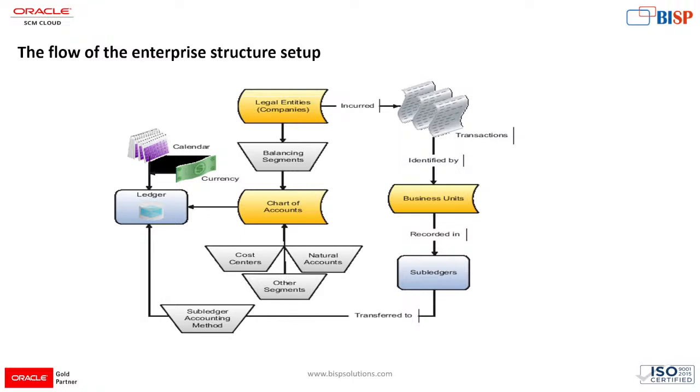A general ledger balances cube is created for each ledger with a unique chart of accounts and calendar combination. Each segment is created as a dimension in the balances cube, along with the standard cube dimensions. The subledger captures the detail of transactional information such as supplier invoices, customer payments and asset acquisitions, using subledger accounting to transfer the transactional balances to the ledger where they are posted.